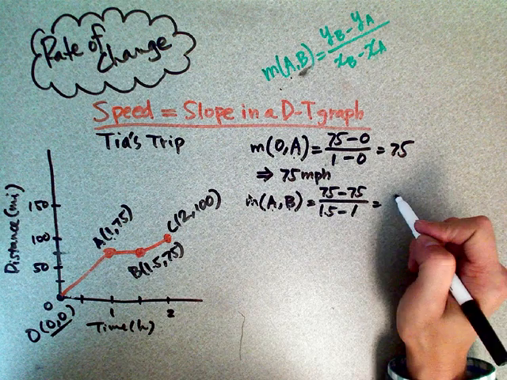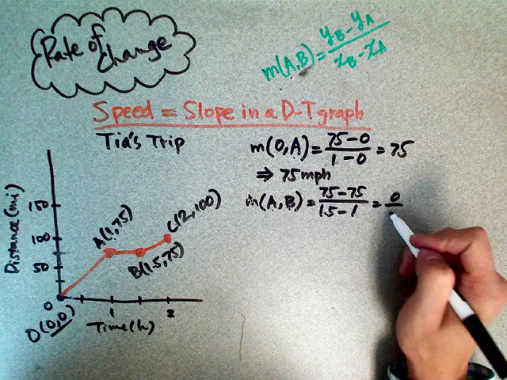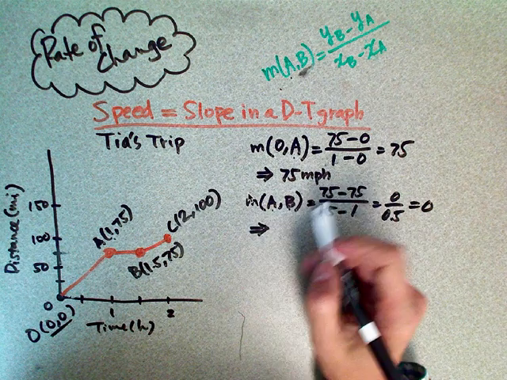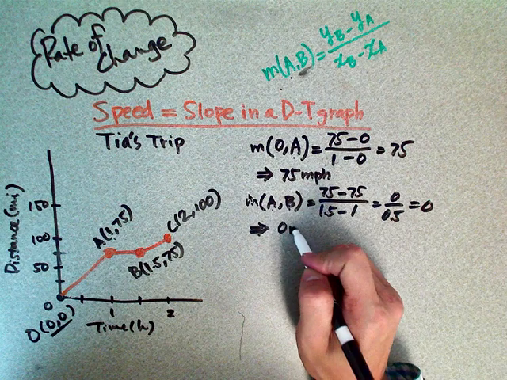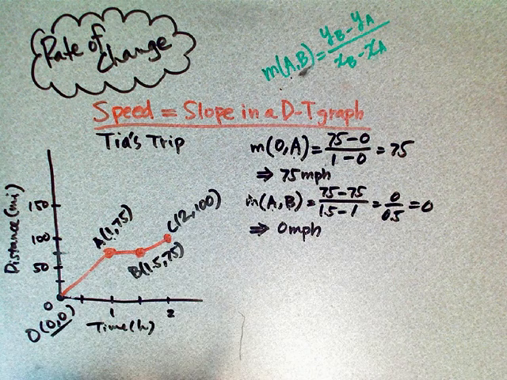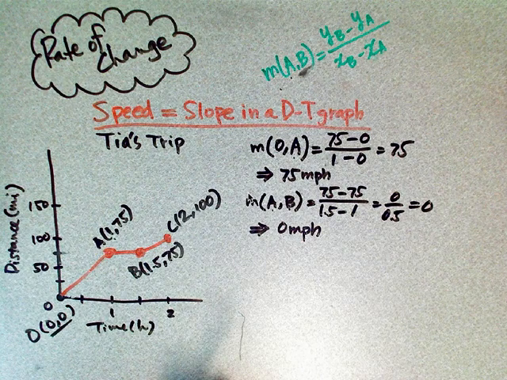That's going to be 0 over 0.5, which is 0. That means she was traveling 0 miles per hour between these two points. I wonder why she was stopping.